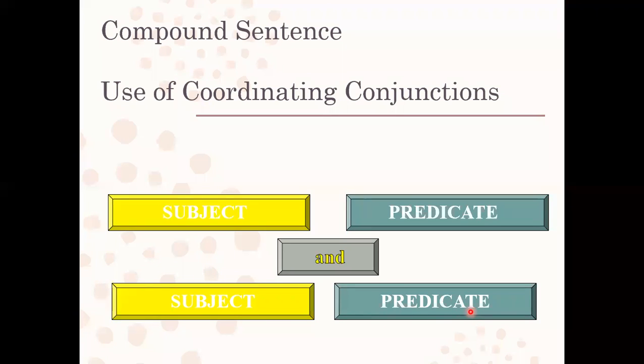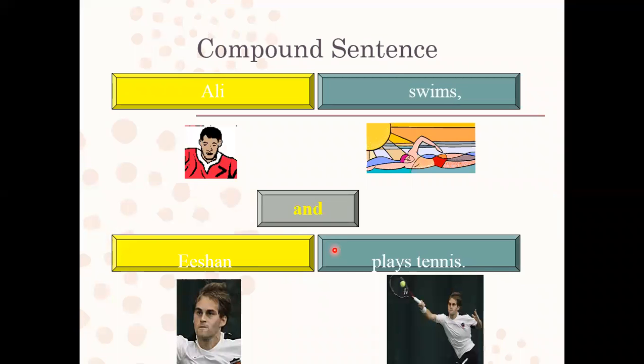So in the compound sentence, it is mandatory there will be two subjects and two predicates, but these are joined by any coordinating conjunction, or conjunctive adverb, or semicolon.